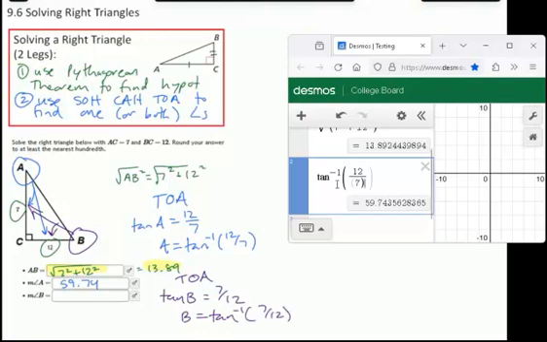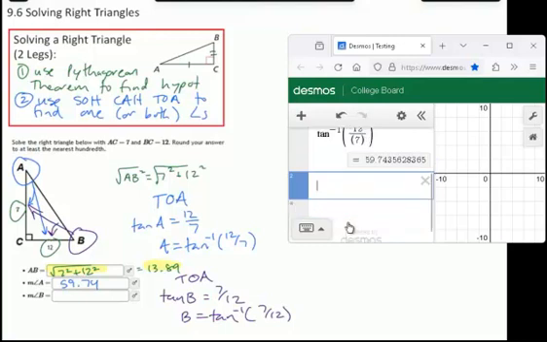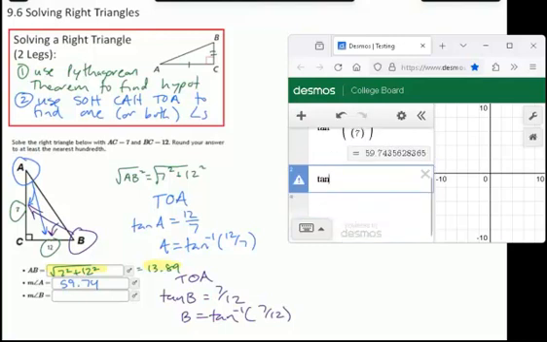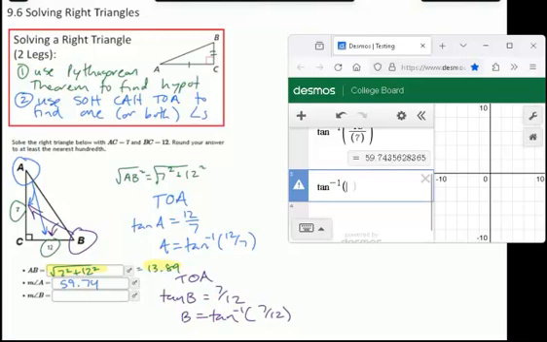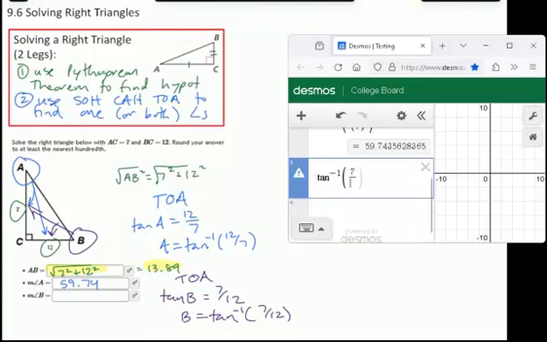So we can just switch these around, right? The tangent to the power of -1, inverse tangent of 7/12. There's our answer, 30.25 or 27. Or sorry, 26. And that would be our second answer. So that would be one possible way. So that's why the "or both" is in parentheses there.